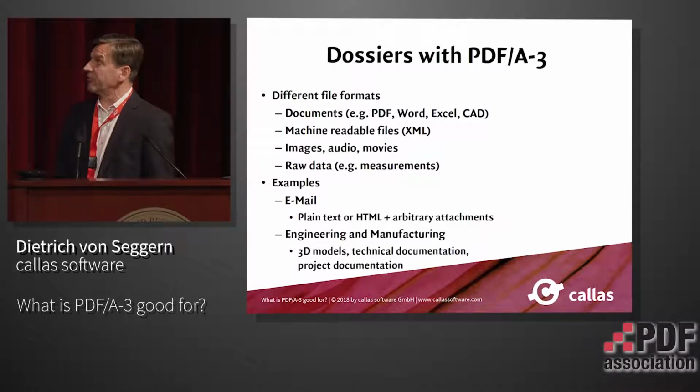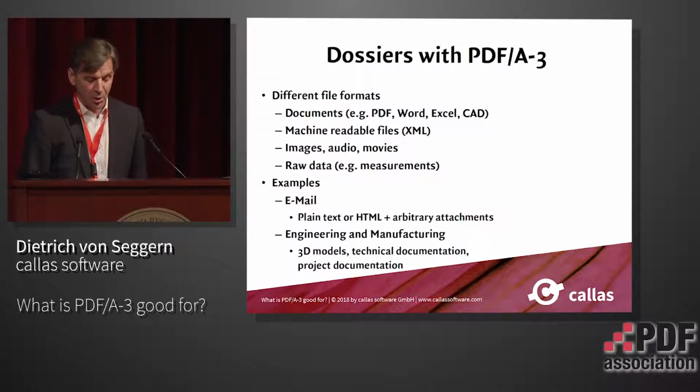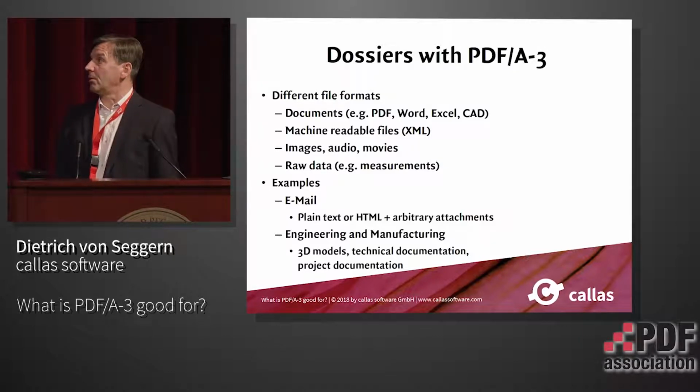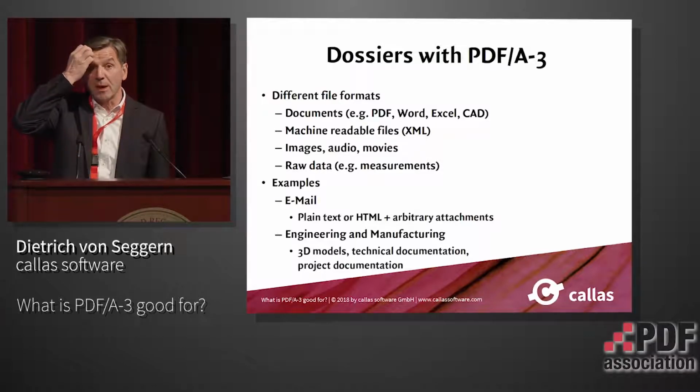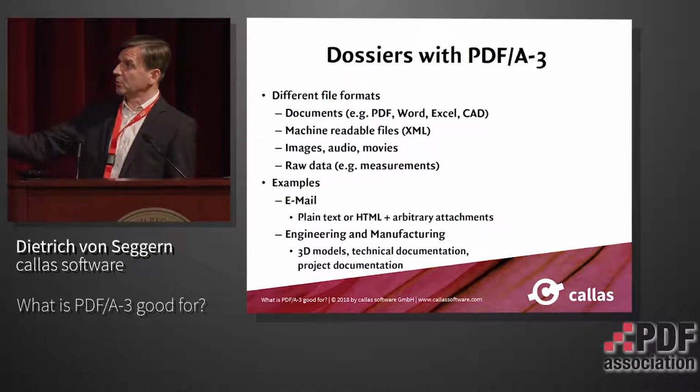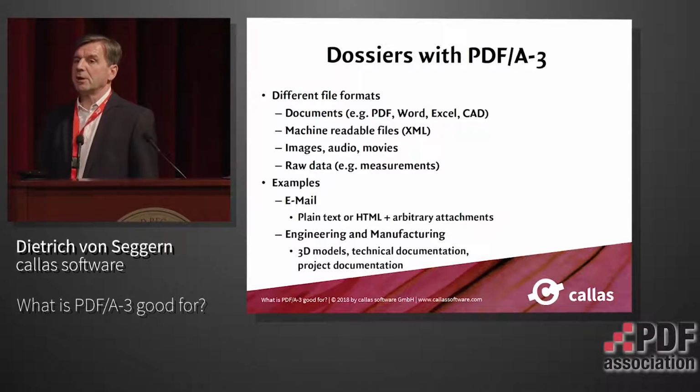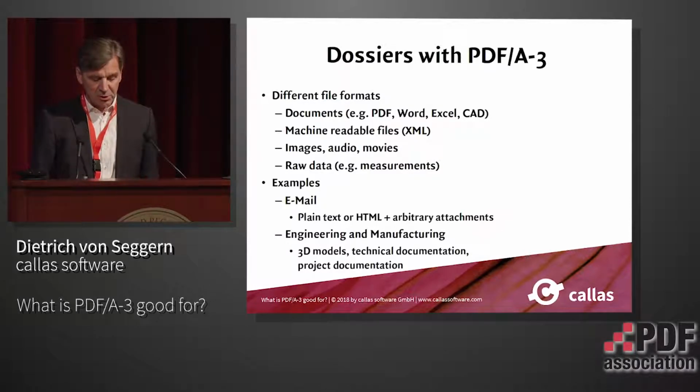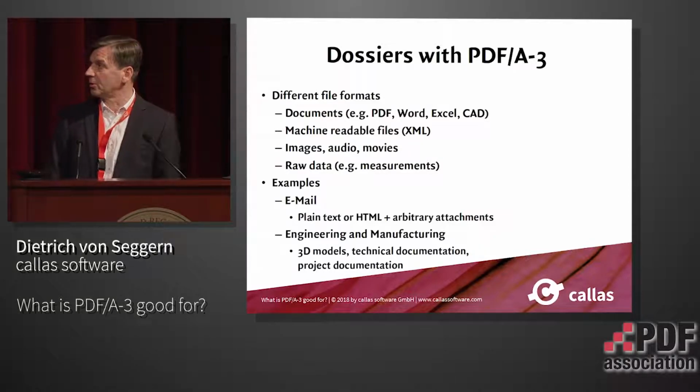We had the example of Excel or an XML file. You may have images, audio, movies, or just measurements, raw data. Or an email is a good example where you may have as many attachments as you want. And if you want to archive an email, PDF A3 seems to be a good idea.